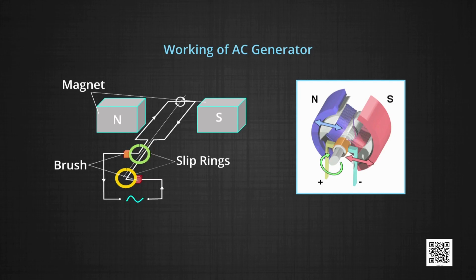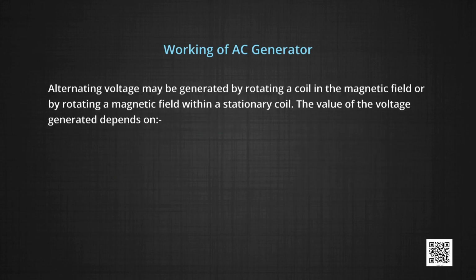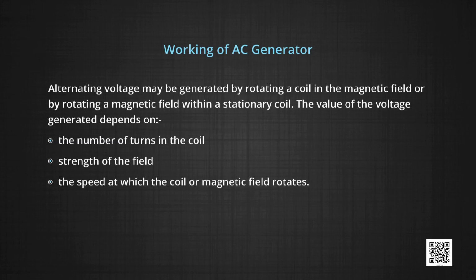How does it work? Alternating voltage may be generated by rotating a coil in the magnetic field or by rotating a magnetic field within a stationary coil. The value of the voltage generated depends on the number of turns in the coil, the strength of the field and the speed at which the coil or magnetic field rotates.